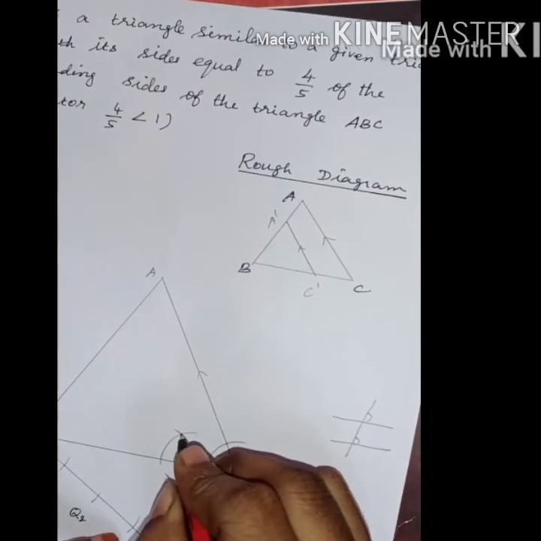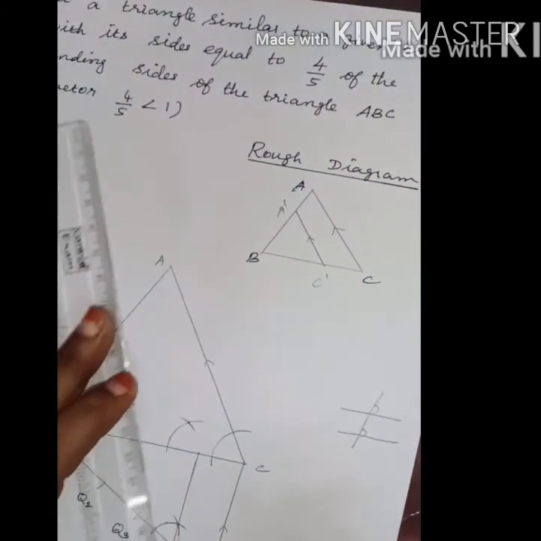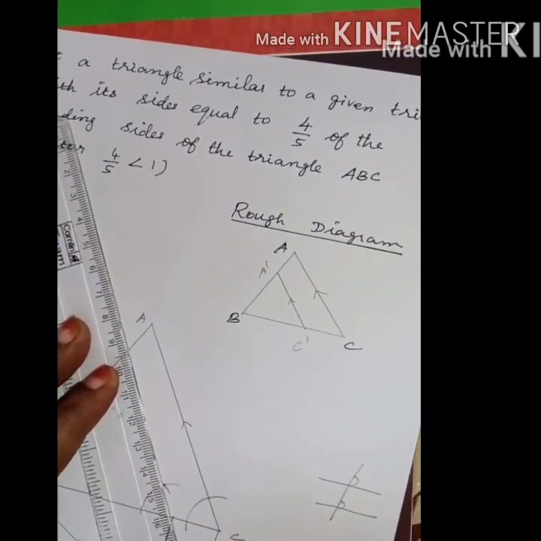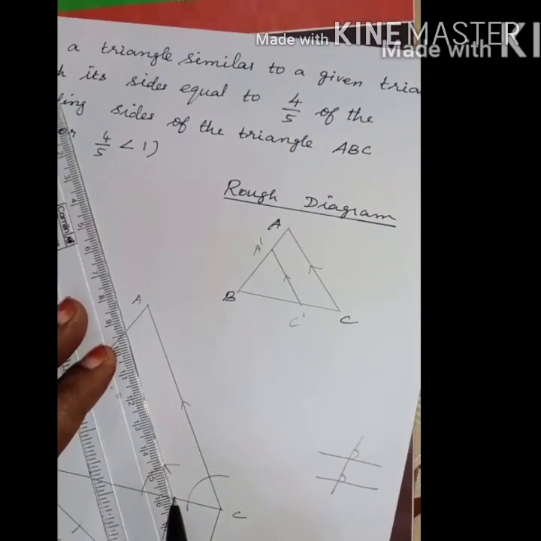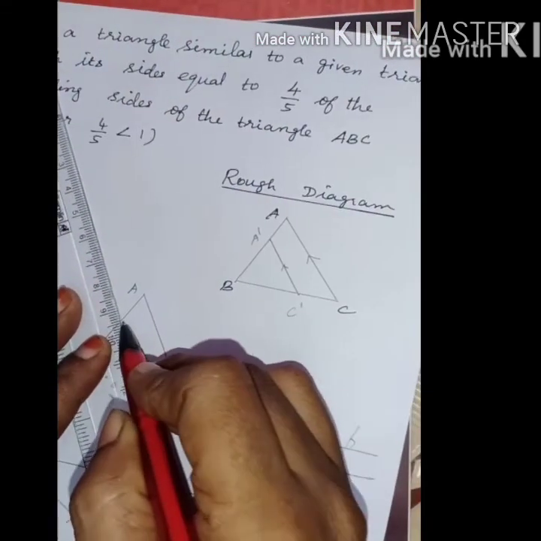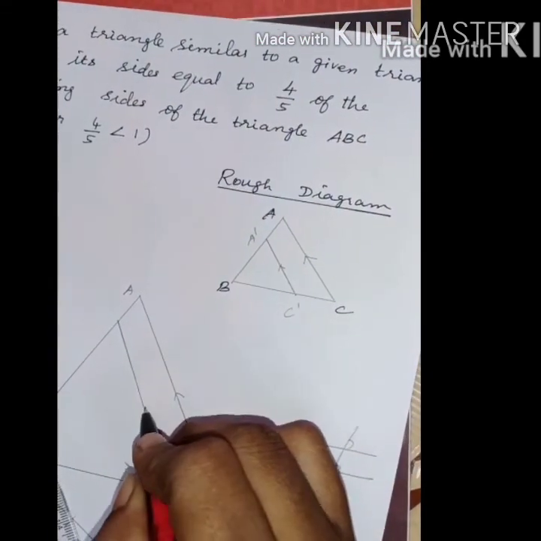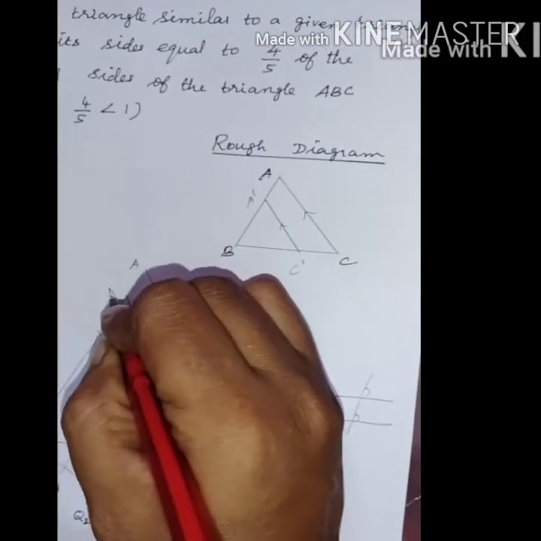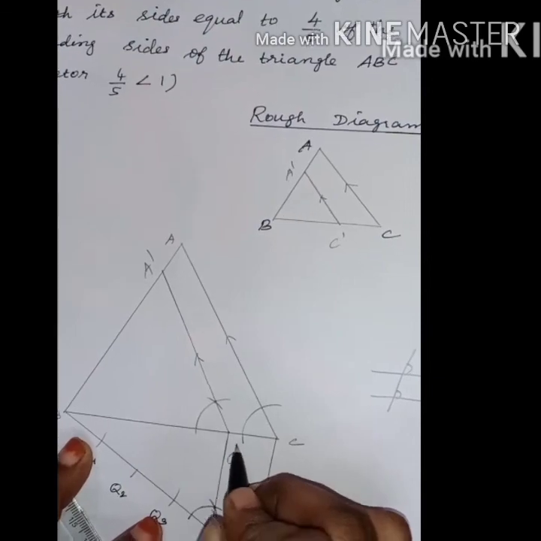Here you have a point, and you join these two points. You will get the parallel line. This is our parallel line. This is the corresponding A dash, and this is the corresponding C dash.